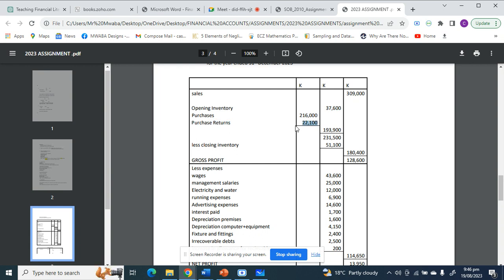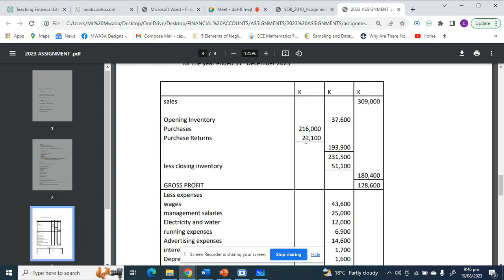So you deduct, I forgot to put a bracket here to show that we're deducting, you deduct purchase returns from purchases. All right. So 216,000 minus 22,100 is 193,900. So this is the cost of the purchases after we deduct the return outwards.